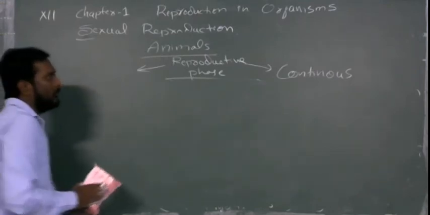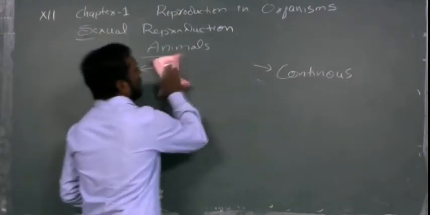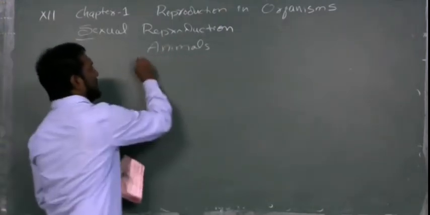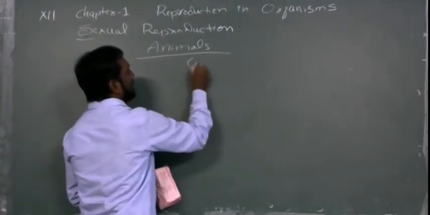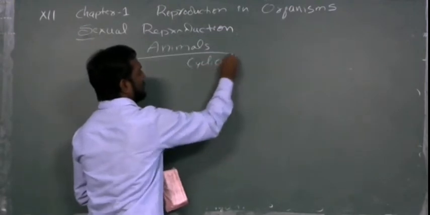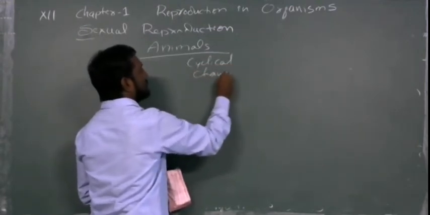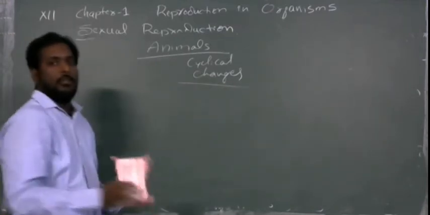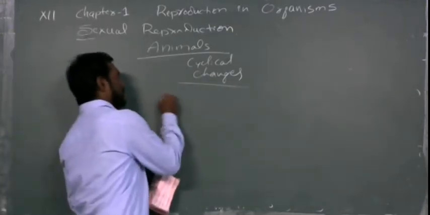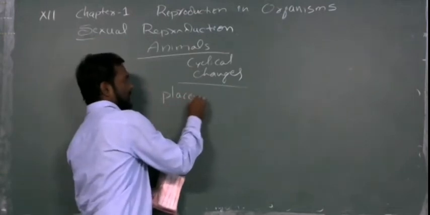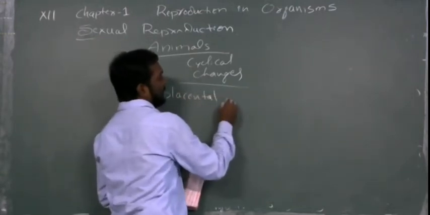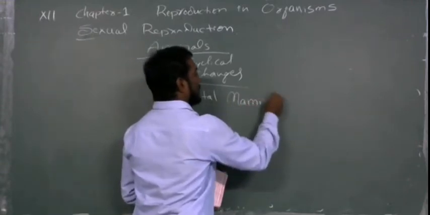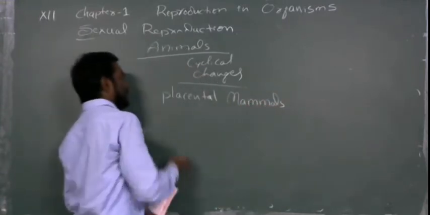When these animals go for reproduction, they will show some changes. The changes are called cyclical changes. Which animals show these changes? All animals? No. Especially the placental animals, which have a placenta, or mammals, which have mammary glands. Why?